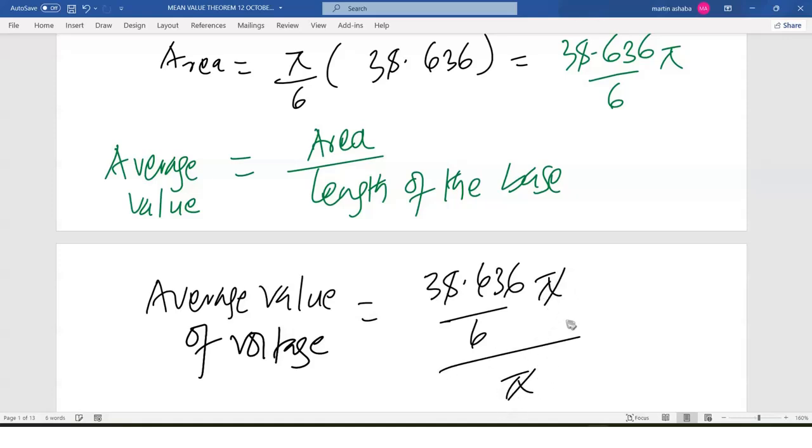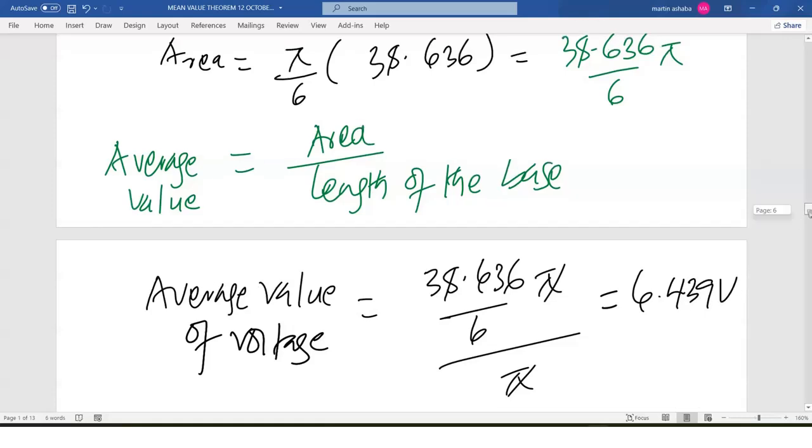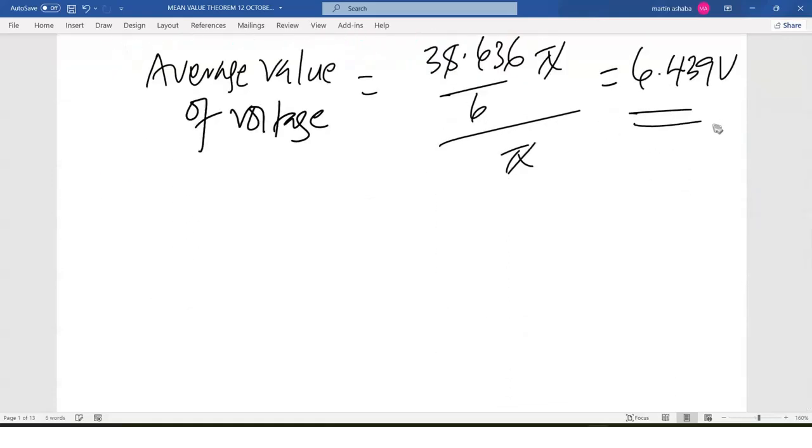Obviously pi will go away and we remain with 6.439 volts as required.